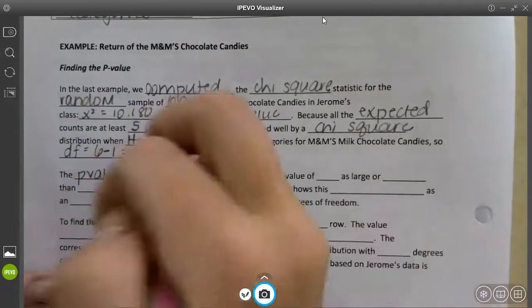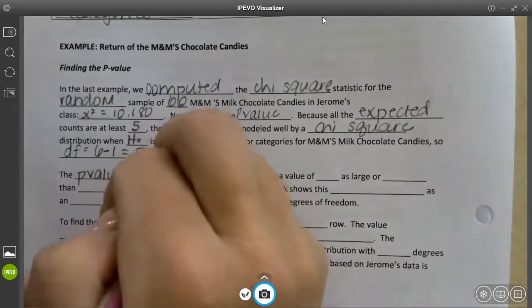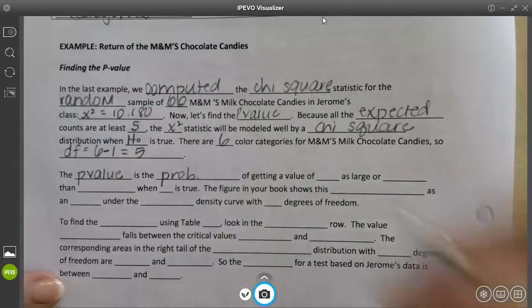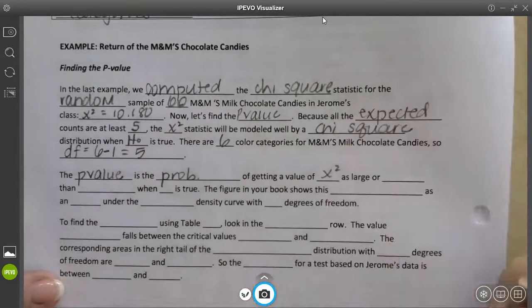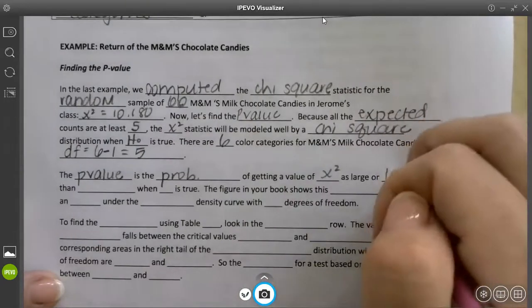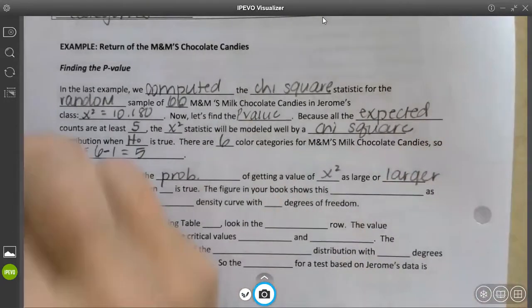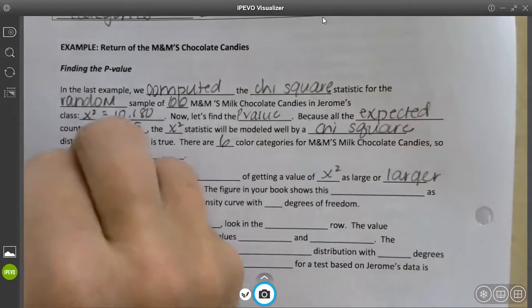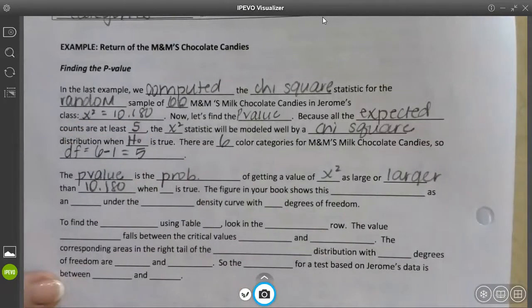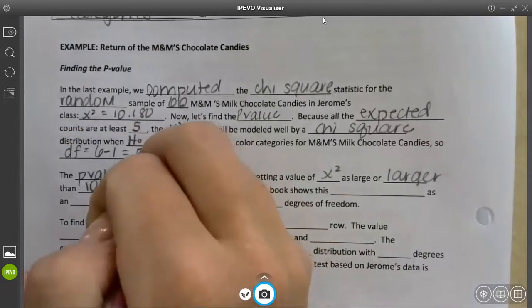The p-value is the probability of getting a value of chi-square as large or larger than 10.180 when H sub 0 is true.